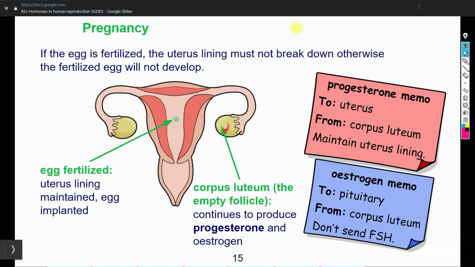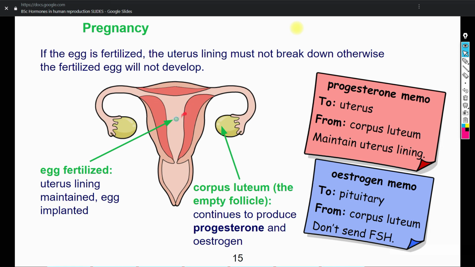So after ovulation, the release of an egg, the egg moves down the fallopian tubes. Now at some stage, as the egg is moving down the fallopian tubes, if the egg meets sperm and is fertilized, then a tiny embryo starts to develop.